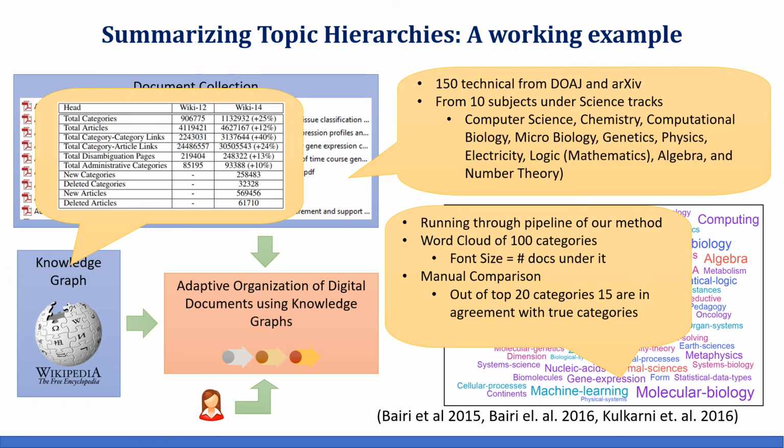However, when you run the large number of categories through the pipeline of a method that invokes subset selection such that the subset is diverse, the subset has good coverage, and each node is of high quality, you would find that you can create this word cloud of 100 categories. The font size is proportional to the number of documents under that category. And we did some manual comparison. Out of top 20 categories, 15 are in agreement with the actual true categories.